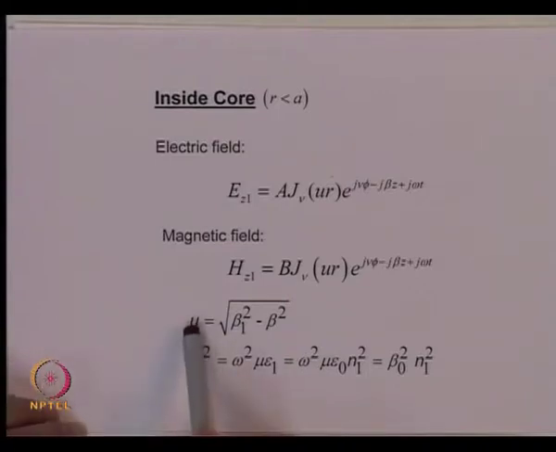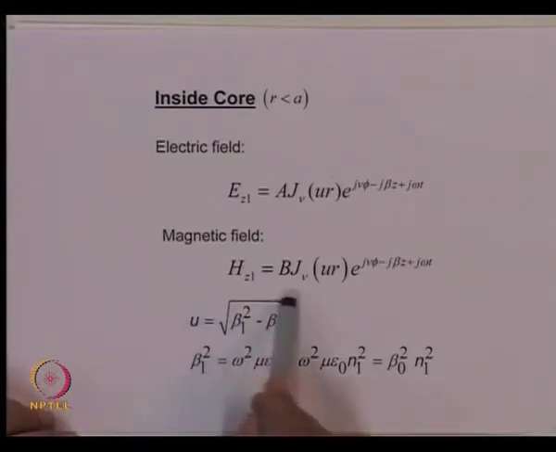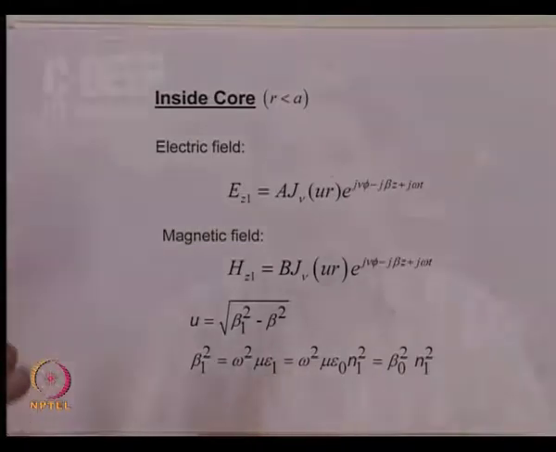This quantity u, which we can call the radial propagation constant inside the core, is given by the square root of beta 1 square minus beta square, where beta is the phase constant of the mode or the field distribution which is going to propagate inside the fiber, and beta 1 is the phase constant of the medium which is filling the core, that is, the refractive index N1.